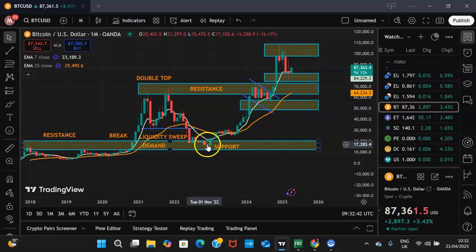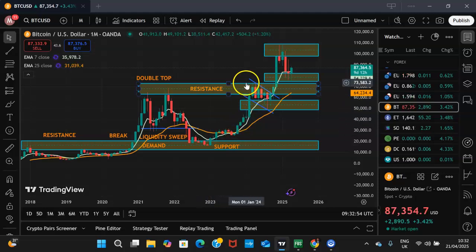When price got here, we have an engulfing candle, as well as a morning star, and price did a higher high, then a higher low, and then another high and another low, and then price got to the resistance zone. But at the resistance, instead of price rejecting and closing below this last low, there was a retest of this area.